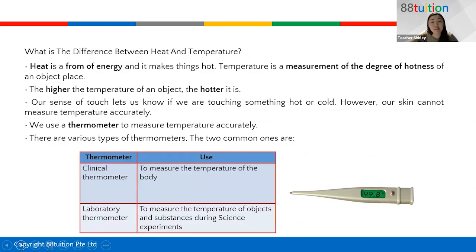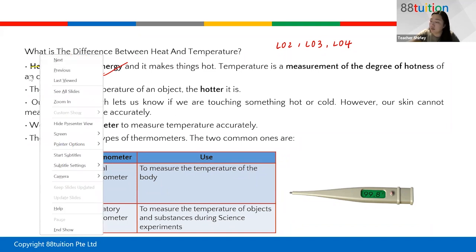Remember objective number 2 and objective number 3 are what is temperature and what is heat, and objective number 4 is to differentiate between heat and temperature. So that means we need to know the difference between heat and temperature.